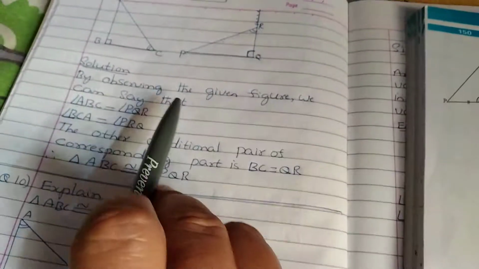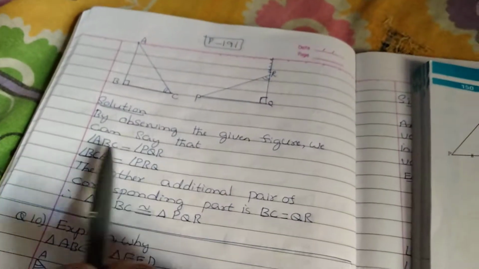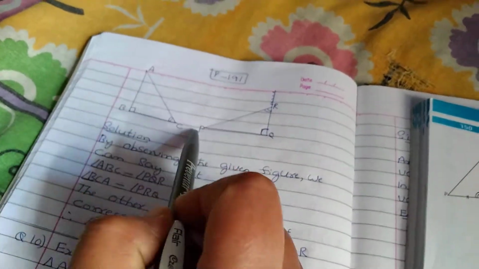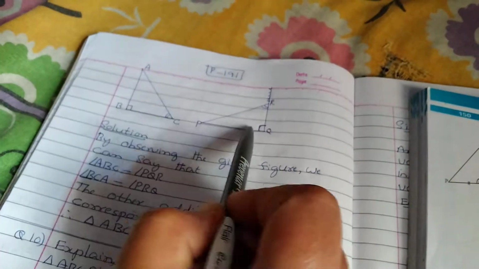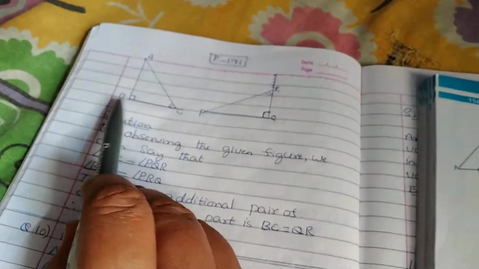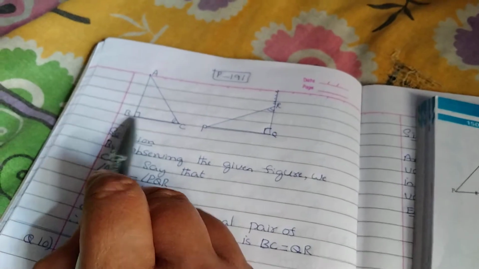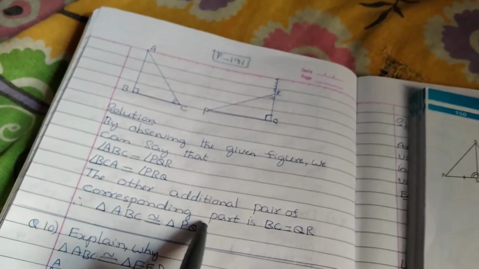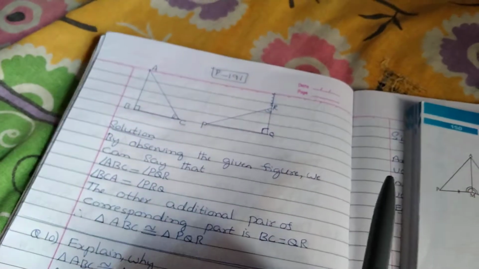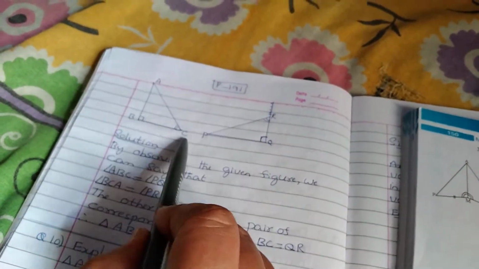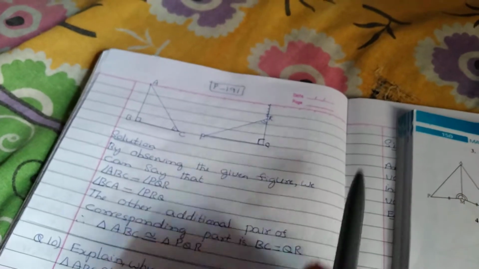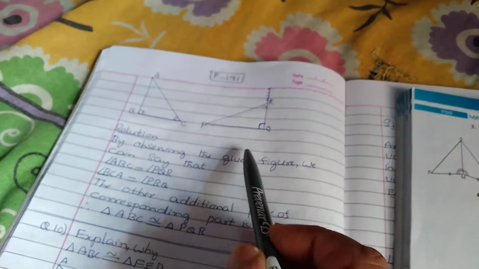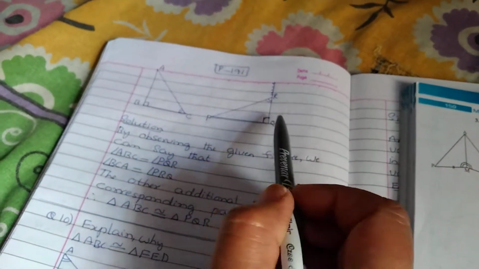Solution. By observing the given figure, we can say that angle ABC is equal to angle PQR because both are right angle triangles. That is, ABC is 90 degree and PQR is 90 degree. The other additional pair of corresponding parts is BC equal to QR. Therefore, triangle ABC is congruent to triangle PQR.